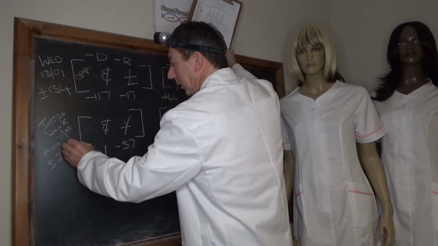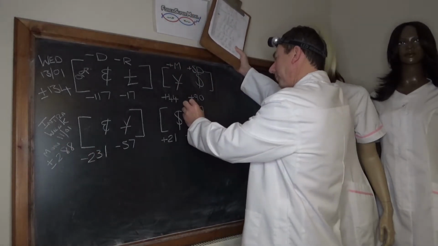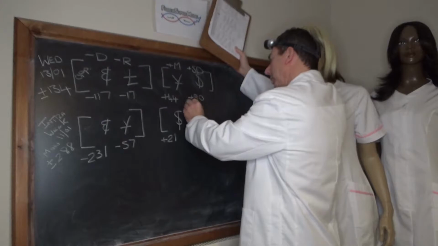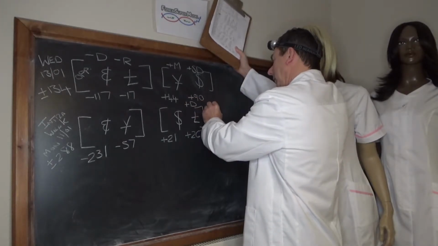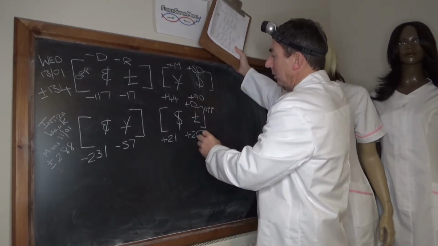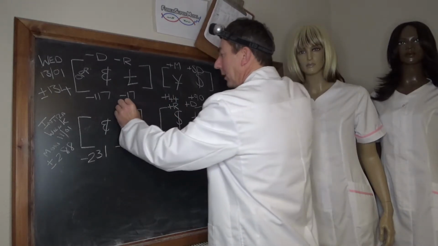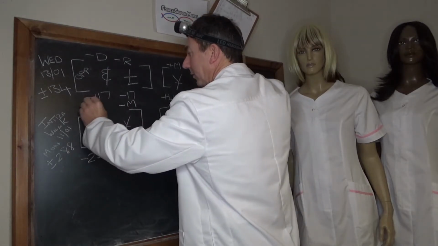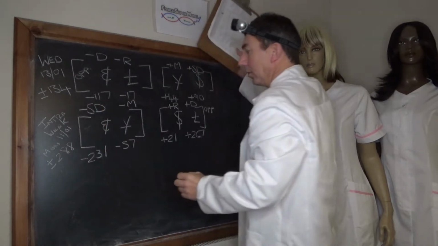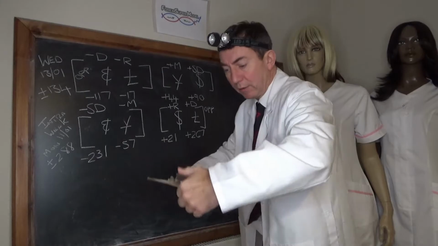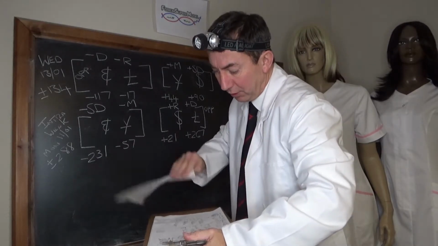Right, so we've got a positive opposed driver in the pound. We've got a positive rock in the dollar, a negative mover in the yen, and a negative secondary driver in the euro.